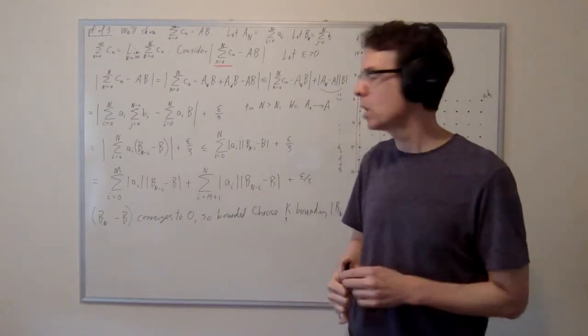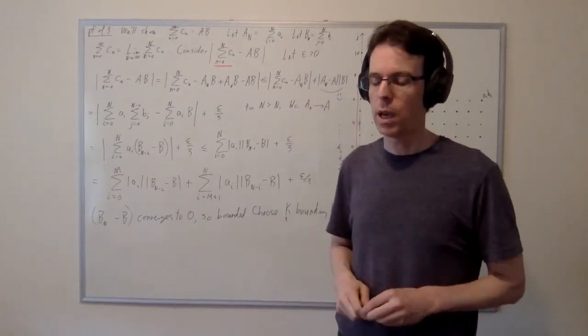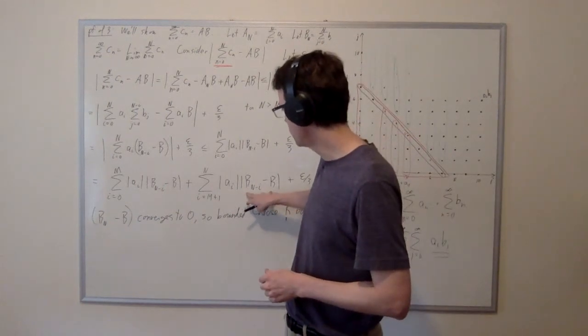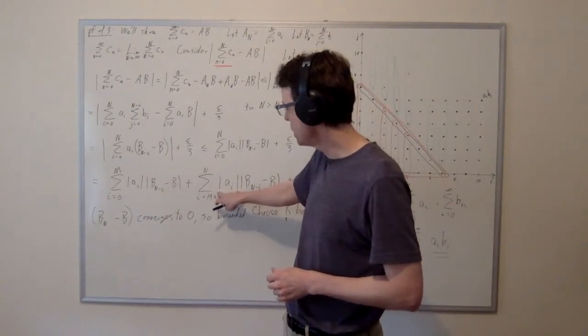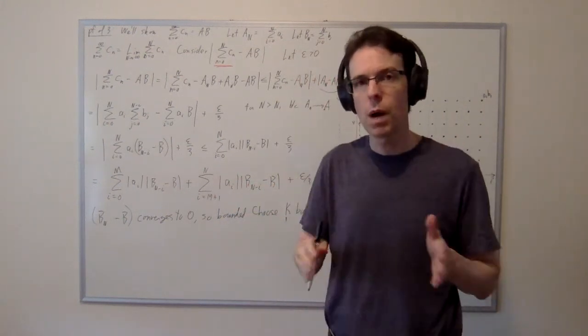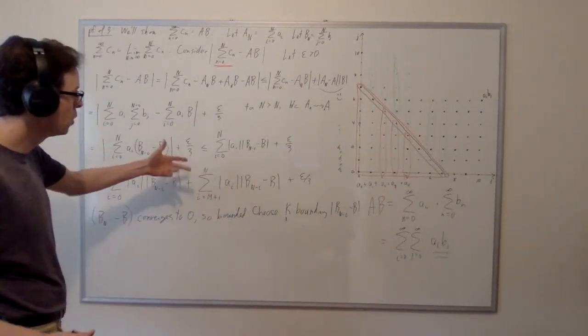But it's not the partial sums for the sequence AI, it's the partial sums for the sequence modulus AI. So once we convert this to a K, we are basically looking at the difference between two partial sums of a sequence of the moduli of AI.